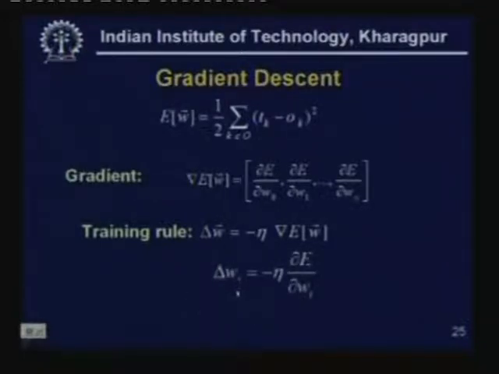Each individual Wi is changed as follows: delta Wi equal to minus eta del E del Wi, that is, the partial derivative of E with respect to Wi. So, we have to find out what is delta Wi for the linear unit that we are considering.